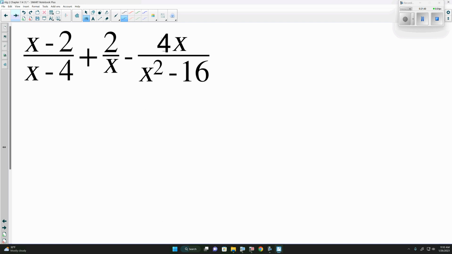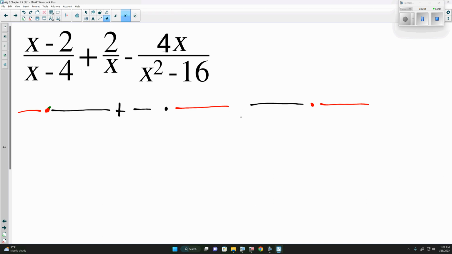This is the last one we're going to look at today, is this one here. So this one here has 3 fractions we're going to add.